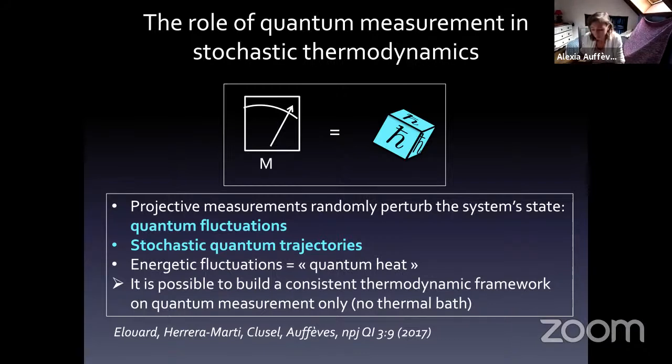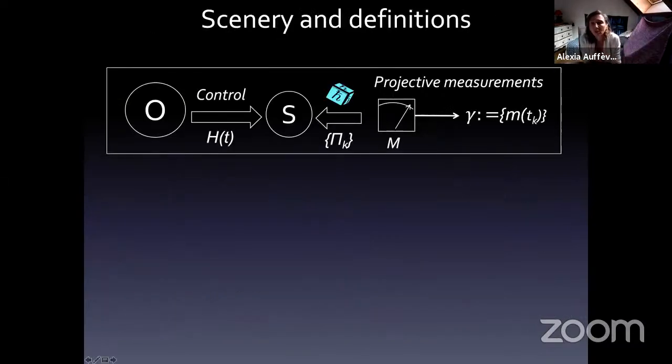Sorry, I want to change slide. Yeah. So what is this framework about? As you can see here, the parties that are involved are extremely simple. This scenery, you could find it in an undergraduate lecture on quantum mechanics.